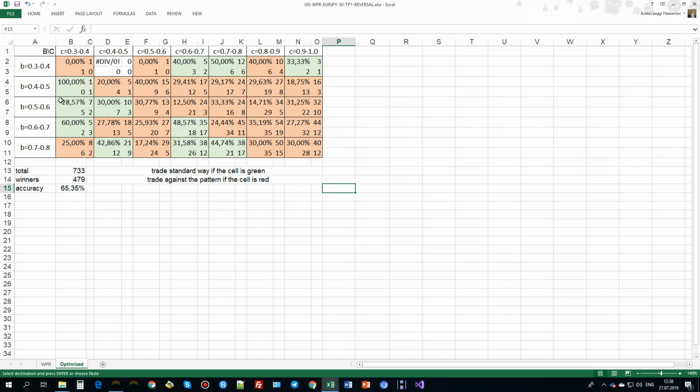So 100 is greater, this one is less, so it should be deleted. No, it should be red. 60 is okay, 25 is no, this one is not okay, this one is not okay, this one is okay, 40% is okay, that is greater than 33.